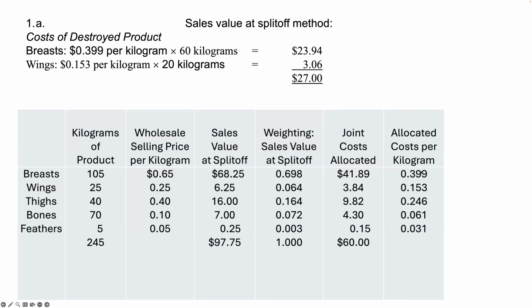So each kilogram of chicken breast has an allocated joint cost of actually close to 40 cents.